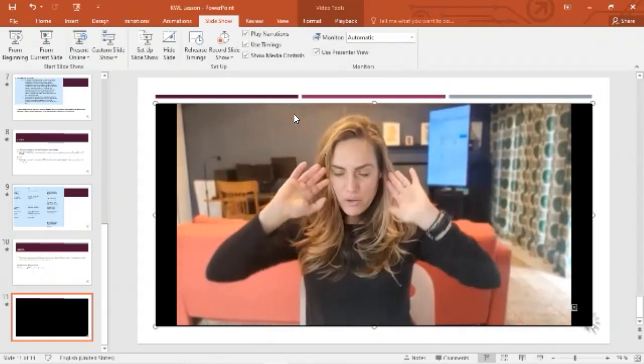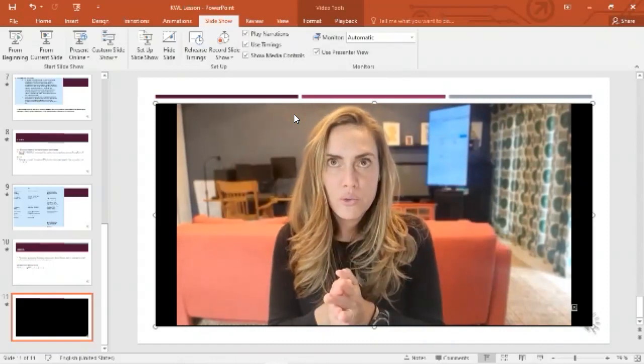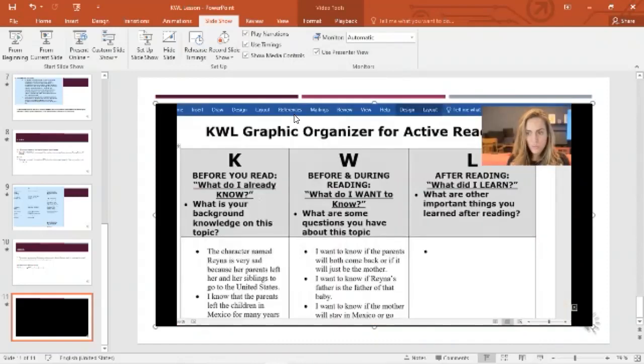And now here's the part where you try to connect what you read to what you remember. Okay. So now here's the L column. What did I learn? I just read that. What did I learn? Okay. So here, I learned that the mother of Raina's mother will stay in Mexico.